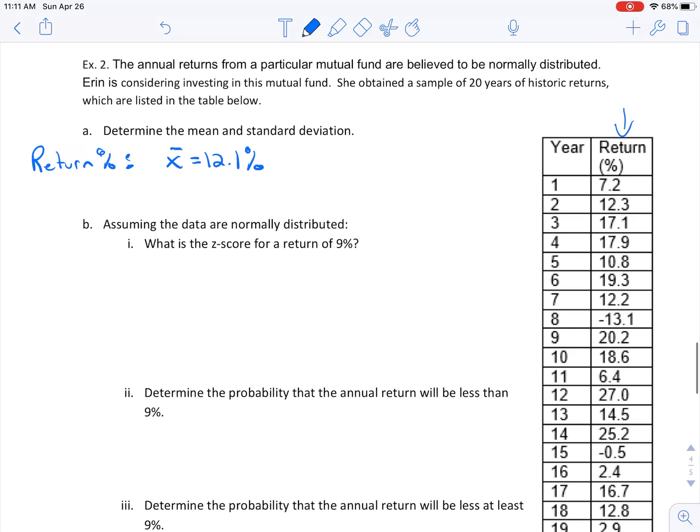We get a mean of approximately 12.1% return in the 20 years of data. And we get a standard deviation from that. And again, if you do one variable statistics, you'll get all this information off of your calculator. You get 9.3756. And so there's my mean and standard deviation.